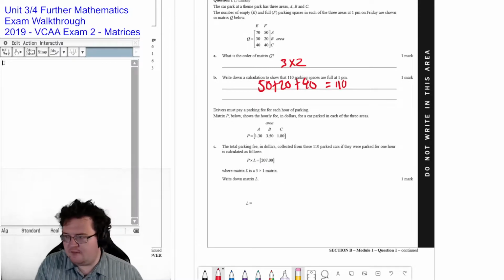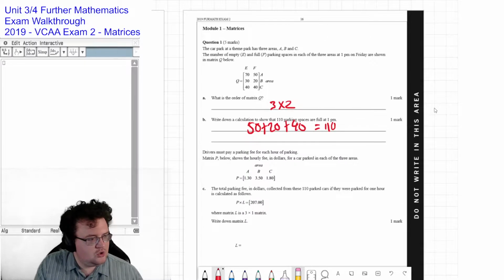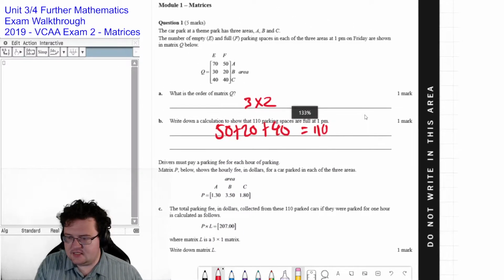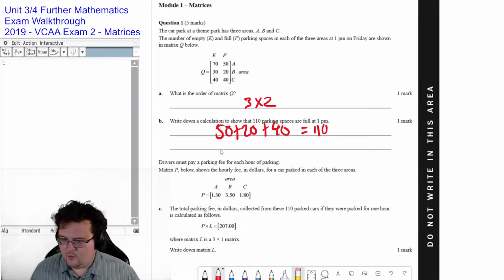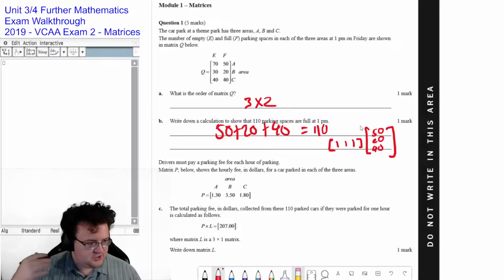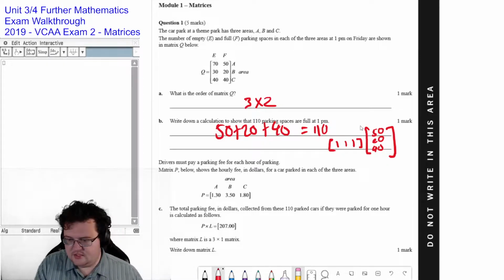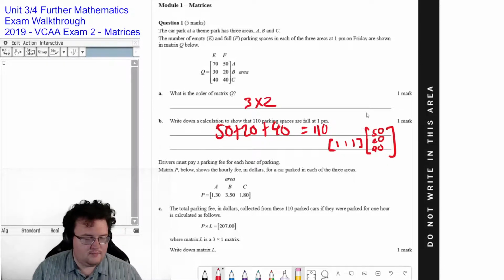However, if you were trying to write a matrix calculation to answer this question, you could have done it with 1, 1, 1, and then 50, 20, 40. And that would have also produced 110 as the answer. You'd have a 1 by 3 times a 3 by 1.